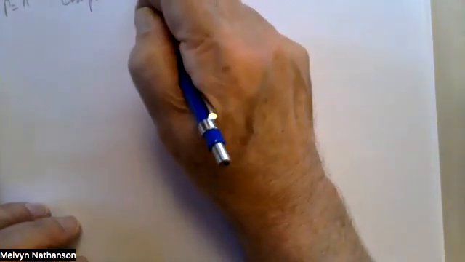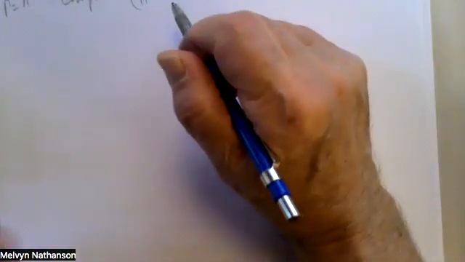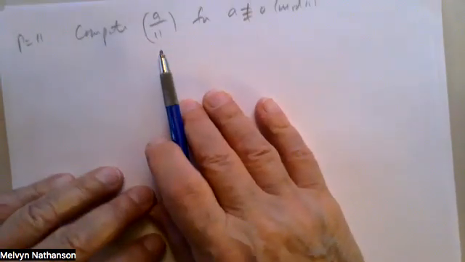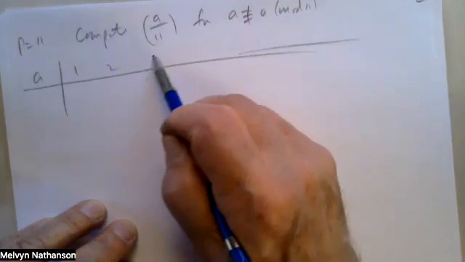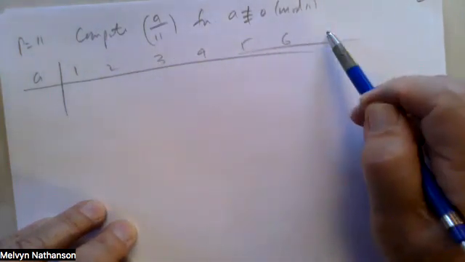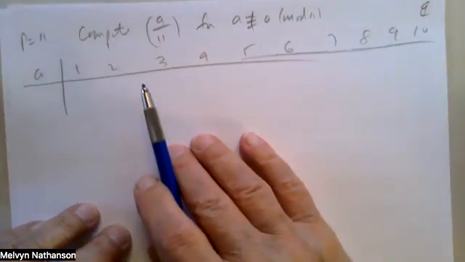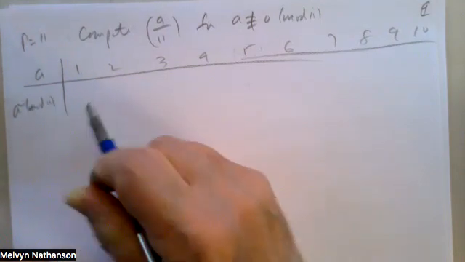And we want to compute A over 11 for all A not congruent to 0, mod 11. So what are the numbers not congruent to 0, mod 11? 1, 2, 3, 4, 5, 6, 7, 8, 9, and 10. Those are the non-zero congruences, mod 11. And I want to compute A squared, mod 11.